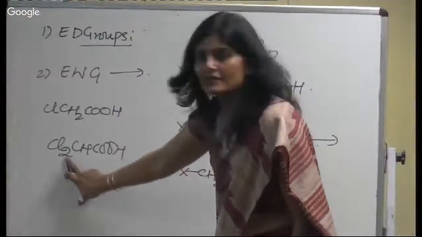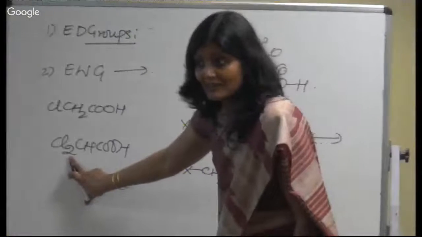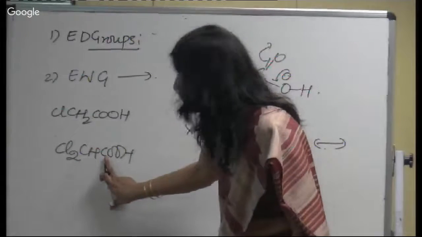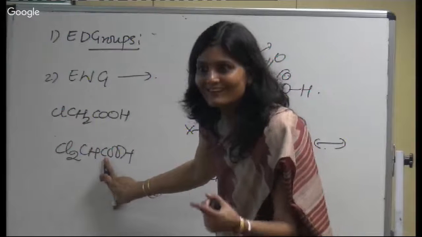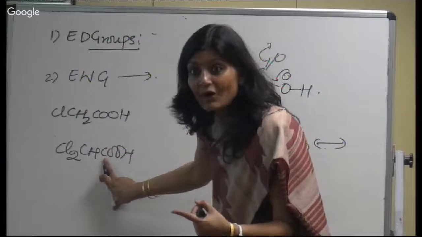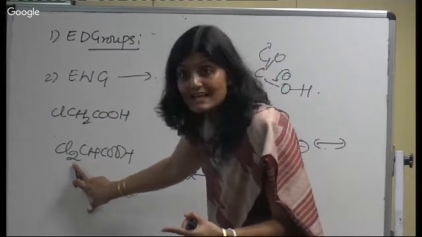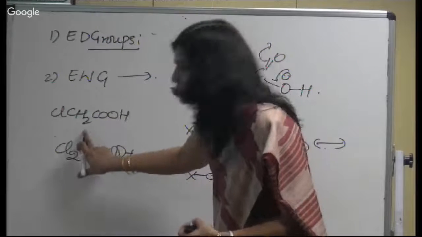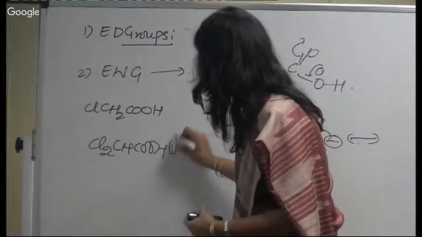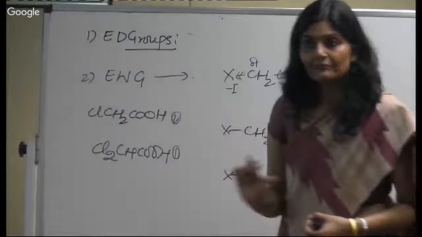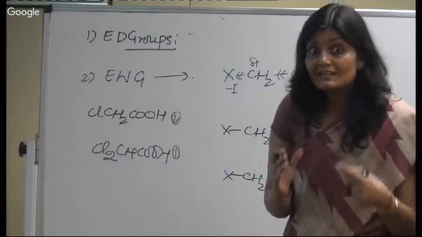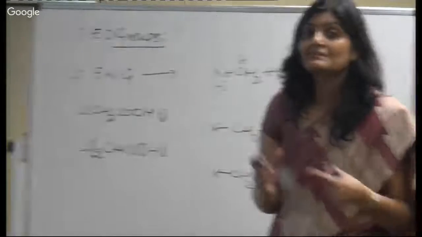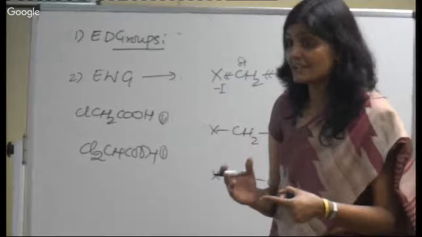Here there are two chlorines attached to the alpha carbon. Because there are two chlorines attached, the electropositivity of this carbon will be more. So the acidic character of this dichloroacetic acid will be more than that of monochloroacetic acid. So this will be a stronger acid as compared to this, right? With an increasing number of electron withdrawing groups, the acidic character is increasing. Okay.